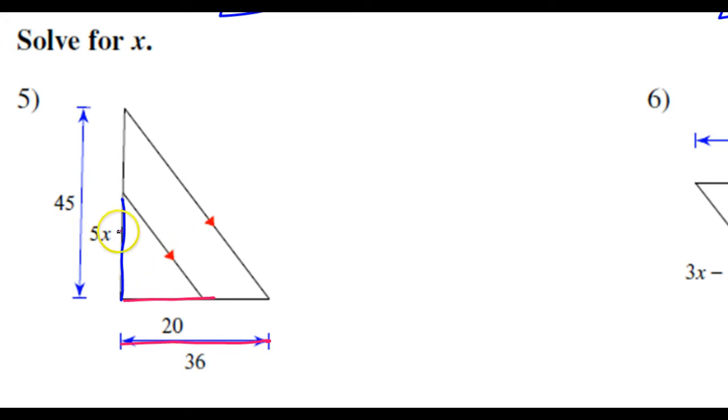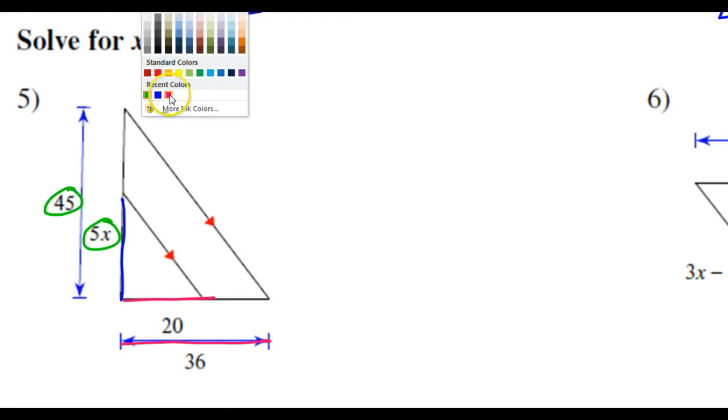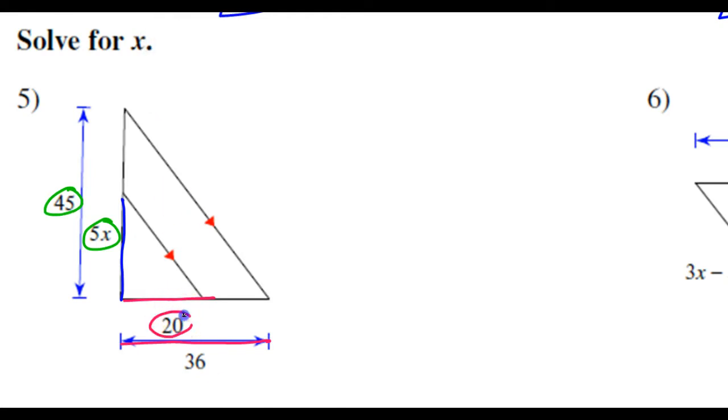Okay, so the 5x and the 45, which are corresponding sides, should be proportional to the 20 and the 36. Alright, it would be more difficult to use the side splitter theorem. So setting these up, alright, these are proportional. So 5x over 45 should equal 20 over 36.